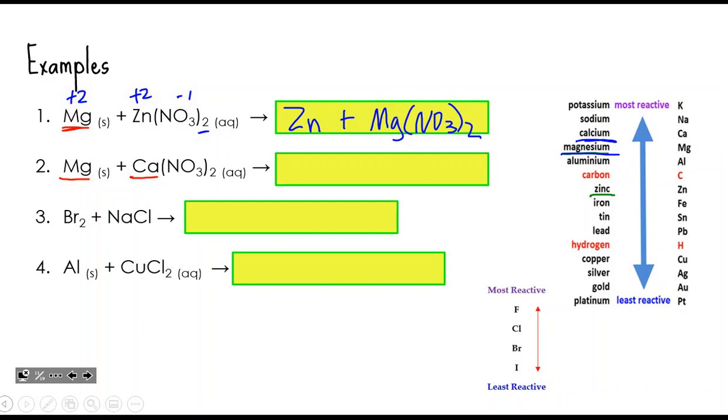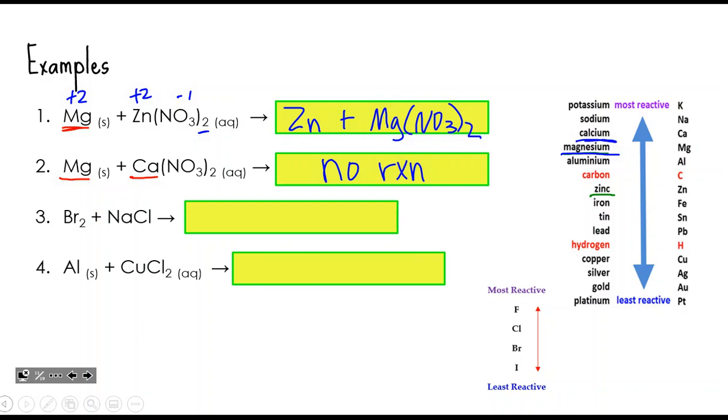It is not. So this one is a no reaction, and that's literally what you write here. You put no reaction. It is not going to occur. So it's only the one by itself that has to be the most reactive. The element that's by itself has to be the most reactive in order to switch.